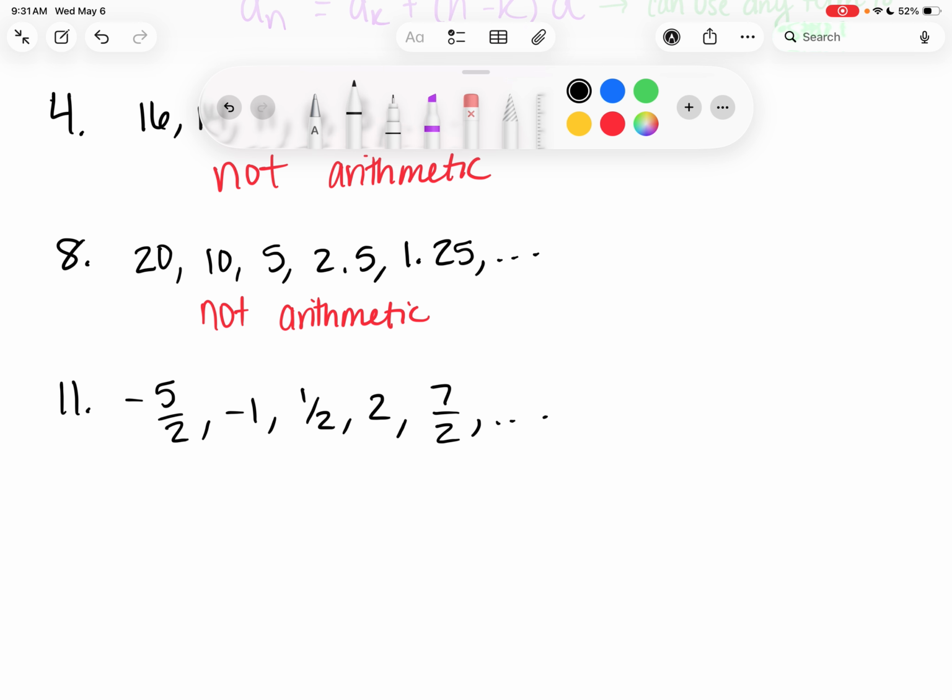So is this arithmetic? Yep. So we would say D is equal to either 1.5 or 3 halves, either way is fine. And if we were subtracting, we would just put a minus sign on there, because arithmetic is either adding or subtracting.